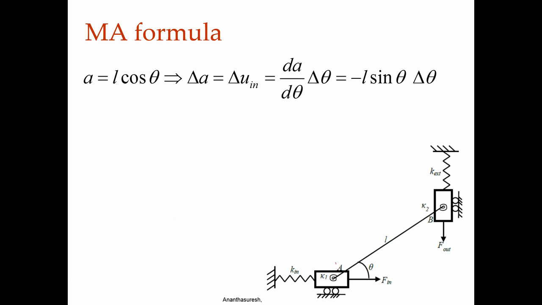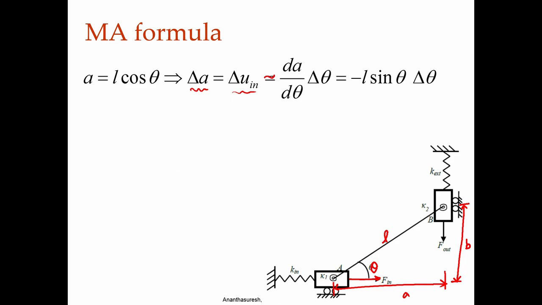So, if I call the distance from here to here as A and then here to here as B. So, A equal to, this is L, this is theta, the angle. So, A is L cosine theta. If I want delta A, that is going to be my delta U in, how much it displaces when I apply input force in that direction, we have to take dA by d theta into delta theta to first order.